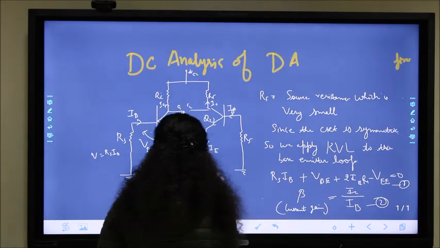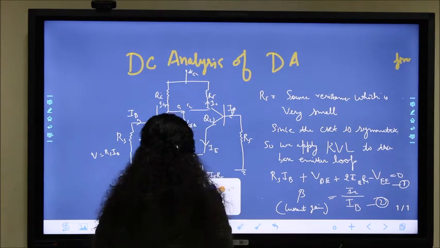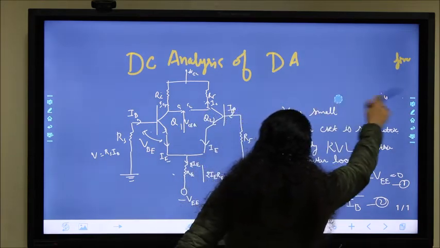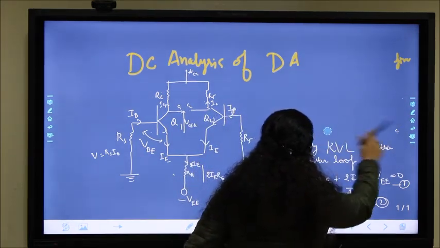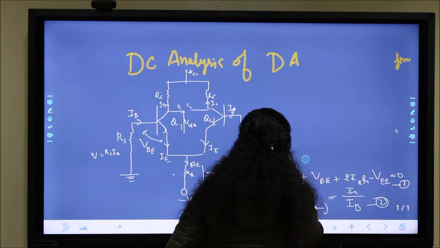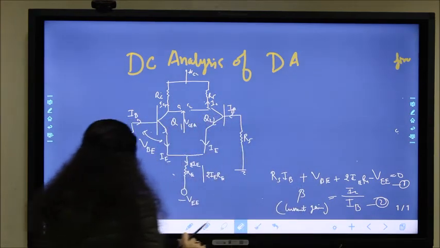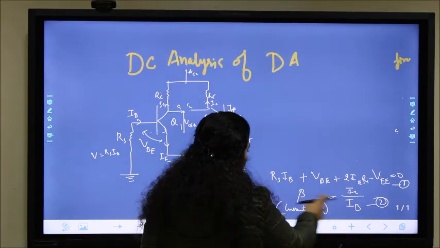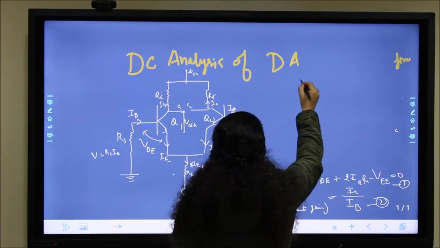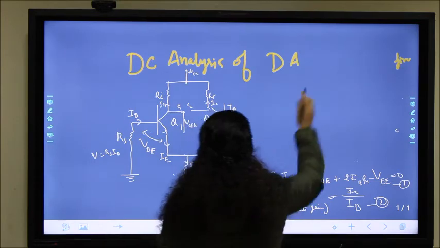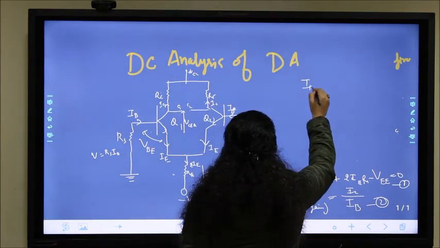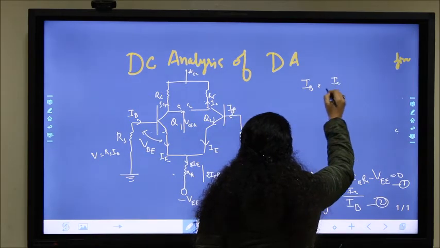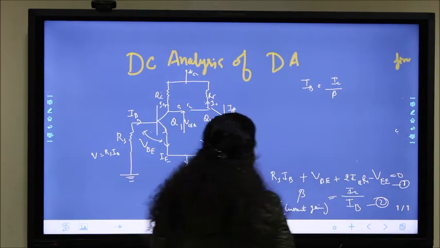Now let us solve this equation. From equation number 2, what is the value of IB? IB is equal to IC upon beta.